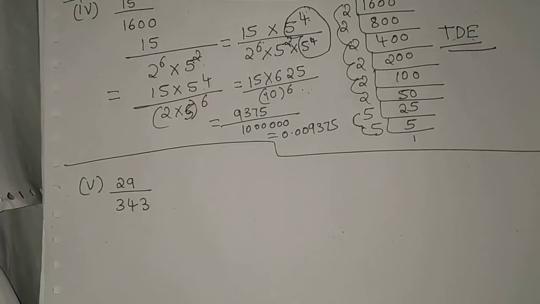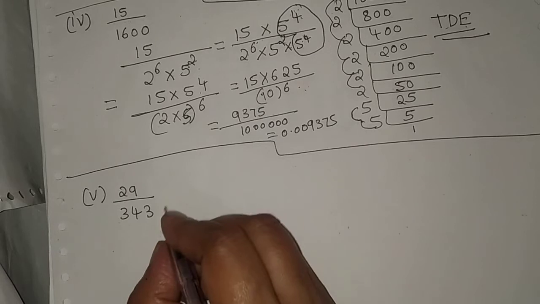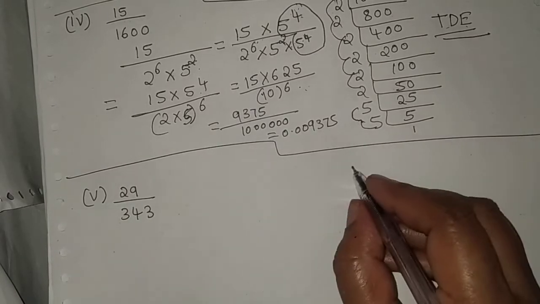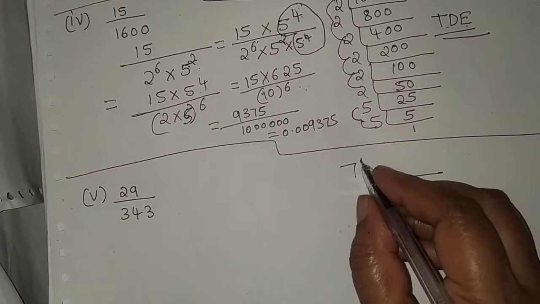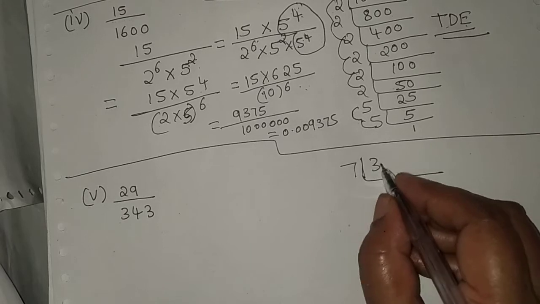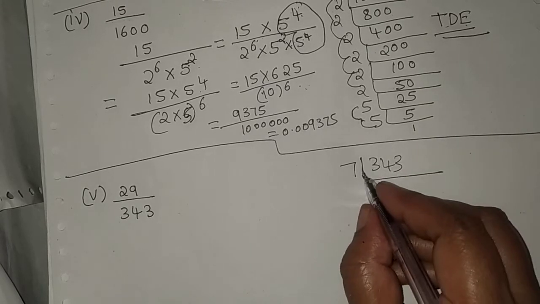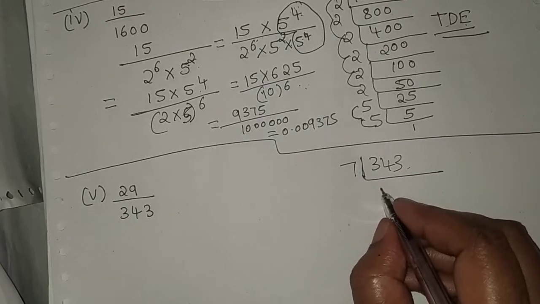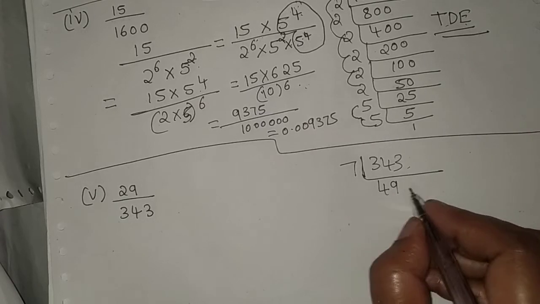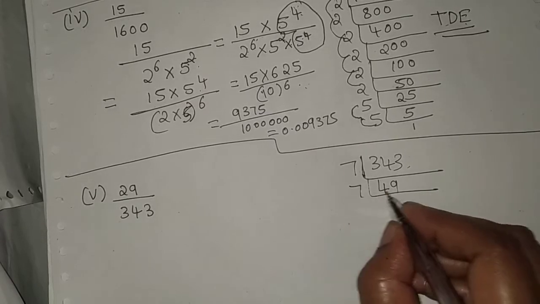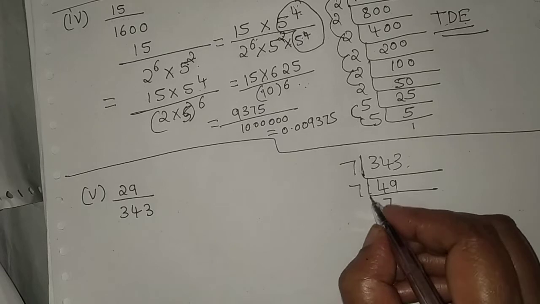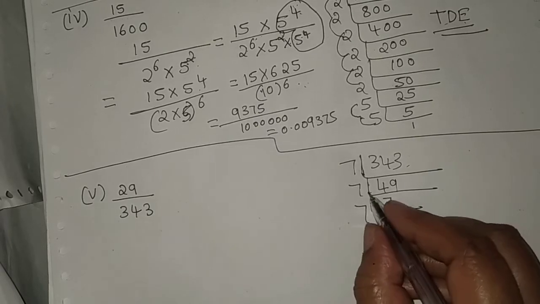So we move on to the fifth problem. The fifth problem is 29 by 343. We can factorize this: 49 into 7 is 343, then 7 into 7 is 49, then 7 ones.